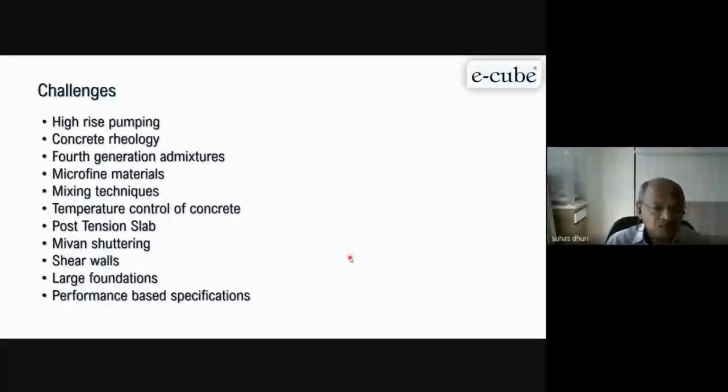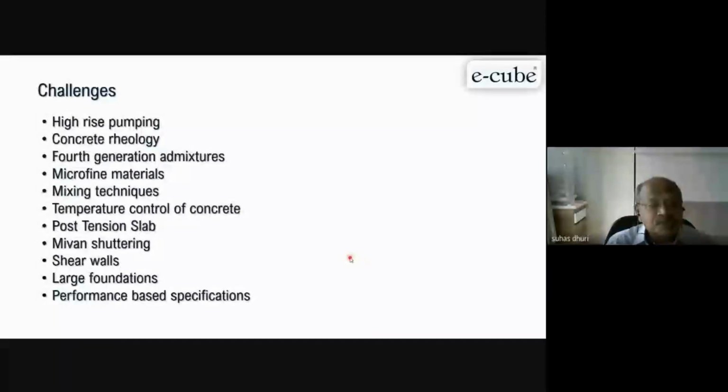Then fourth generation admixtures are available today. Today very good microfine materials are available. Earlier we knew only microsilica or silica fume. Now various materials are available, and that also we'll discuss in subsequent lectures. Then mixing techniques, how to go about this, how to control the temperature of concrete, post tension.